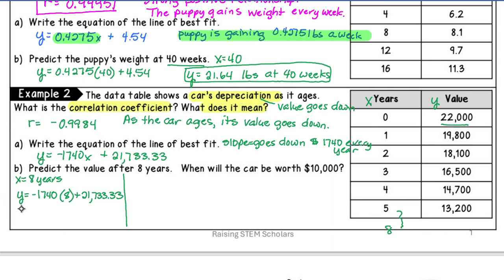So the car will be worth $7,813.33 after 8 years. Okay, we can draw a box around that.